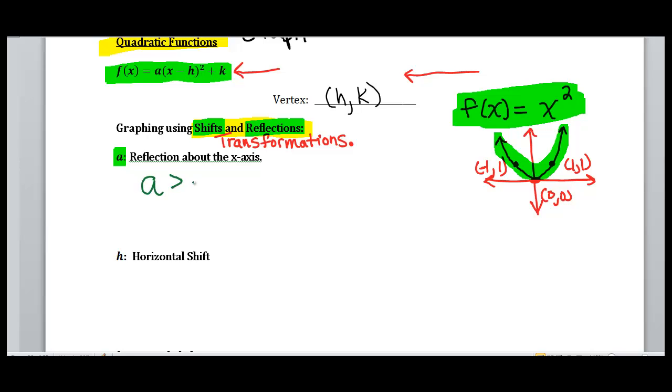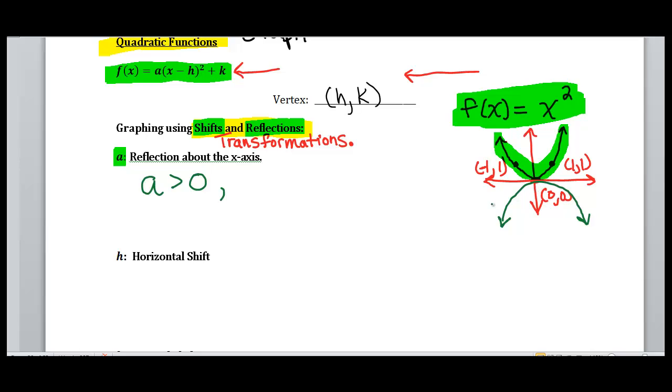If a is greater than 0, that means it's positive. Before, when we talked about this, we said that when a is greater than 0, our function is going to open upward. If it opens upward, then I don't want to see something that looks like this; reflecting about the x-axis would make our graph of f of x equals x squared look like that.